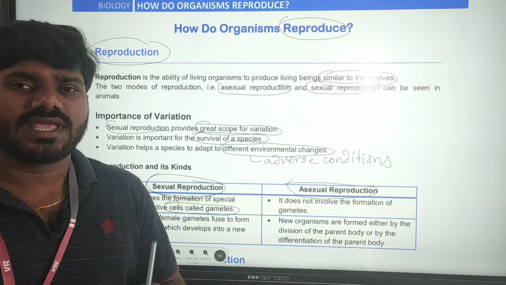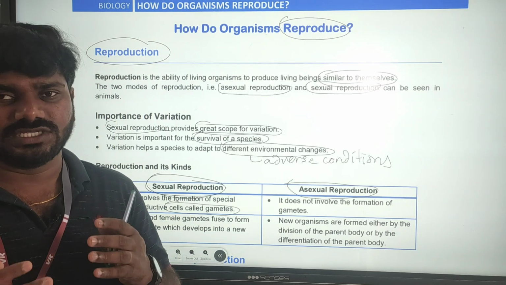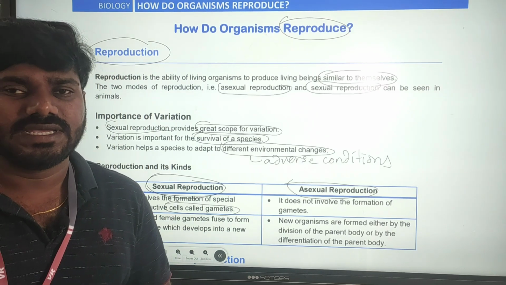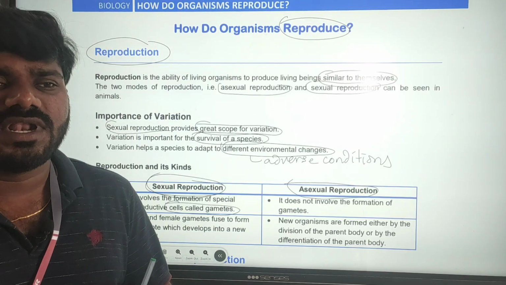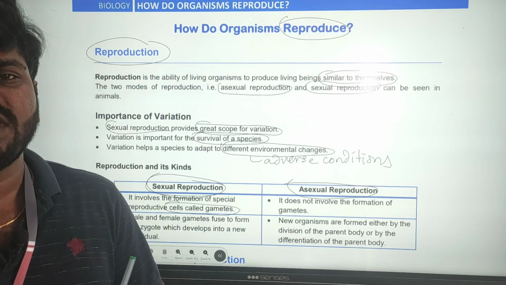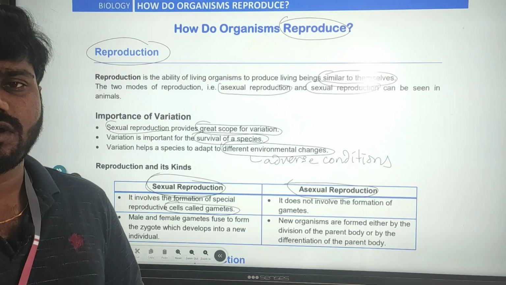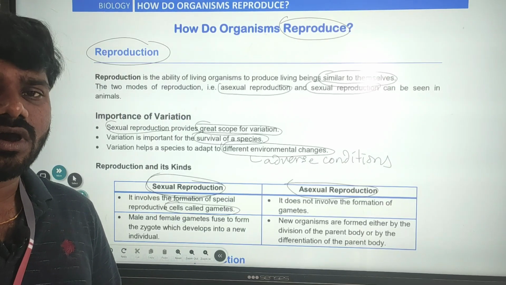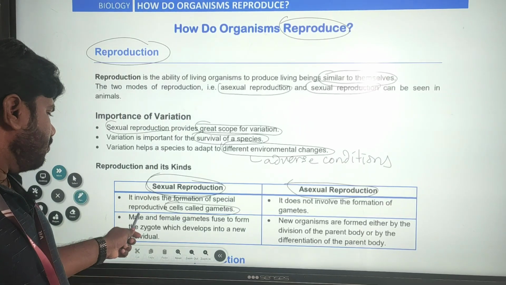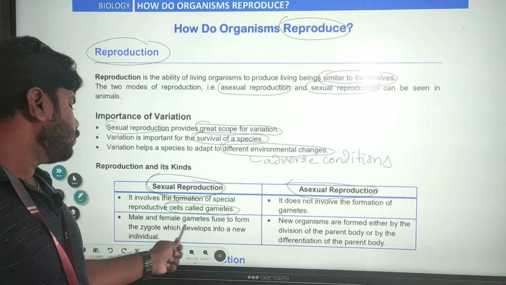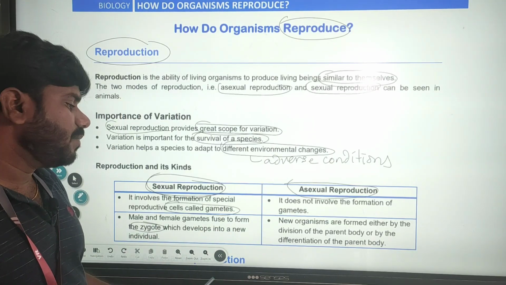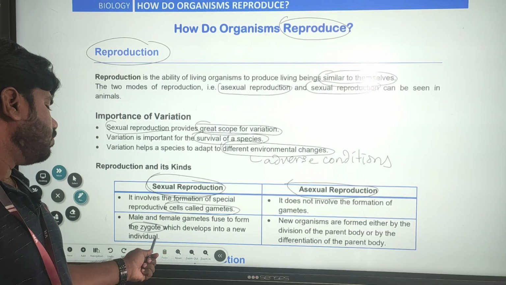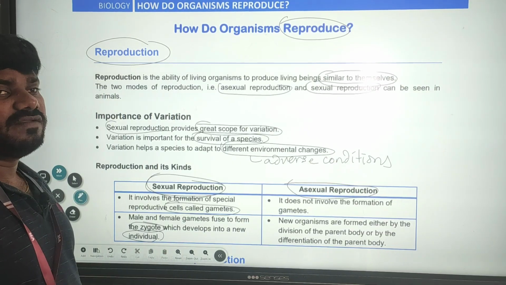That means male and female gametes are required for sexual reproduction, for the formation of a zygote or new organism. Male and female gametes fuse to form a zygote. This zygote further develops into an embryo or offspring, or we can say an individual.